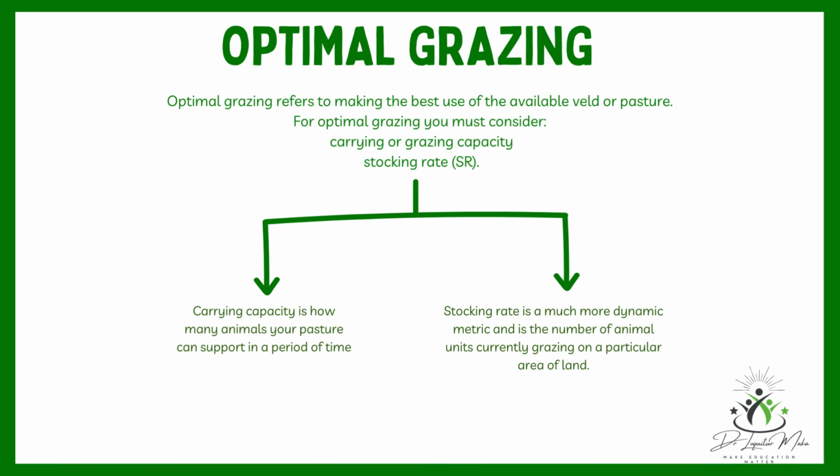Now, the stocking rate is more of a dynamic metric. When we're talking about stocking rate, this is defined as the number of animals of a particular class per unit area of land over a specific period of time.